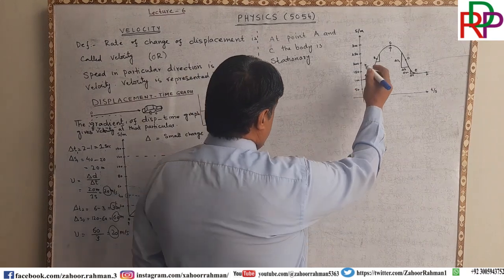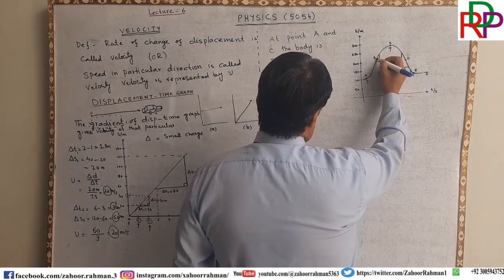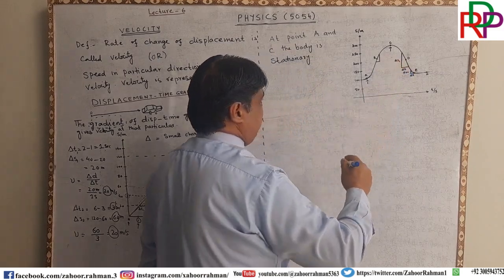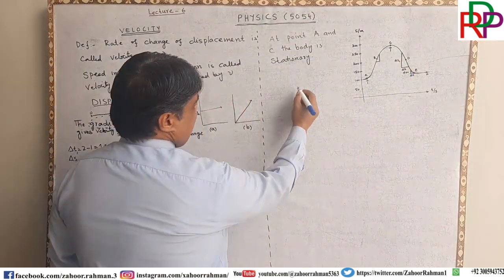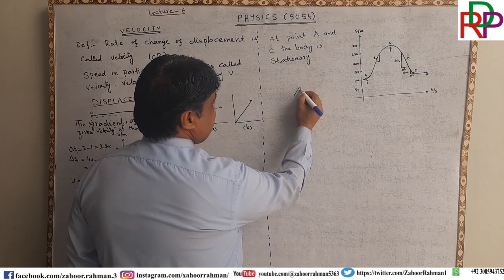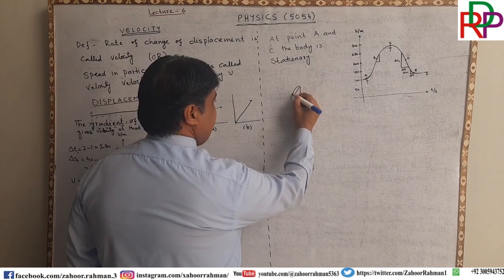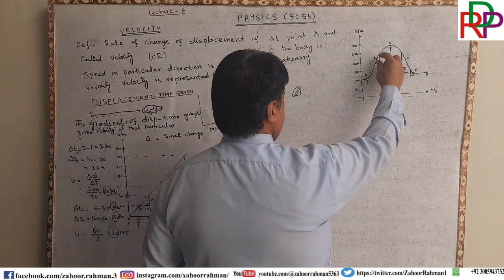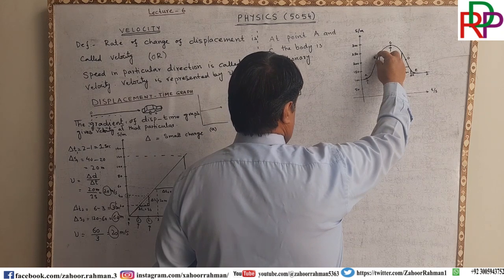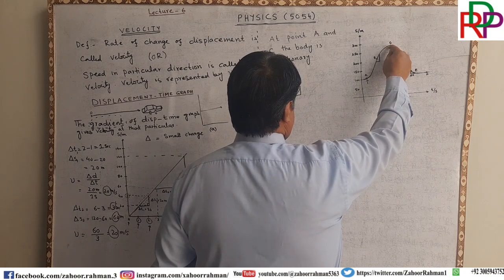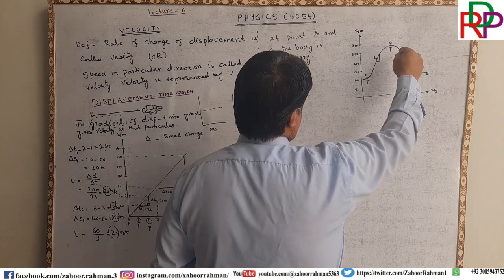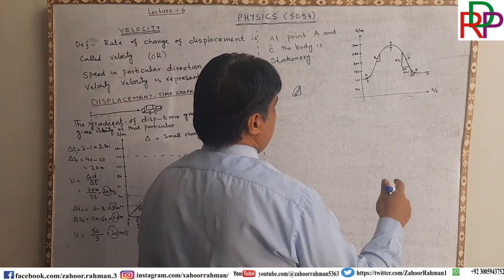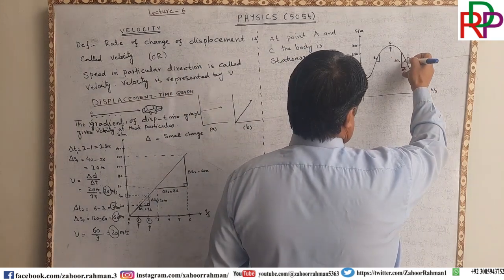At point B, the displacement increases uniformly, because this line is straight. At C it is stationary, and right after C it is moving in the opposite direction. It means that the velocity is decreasing.